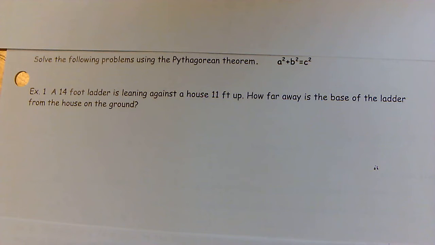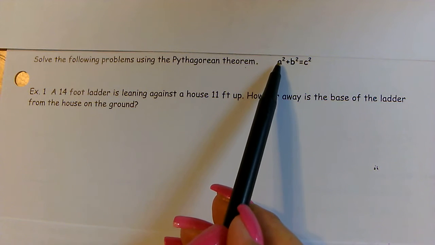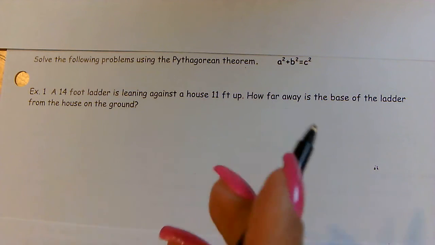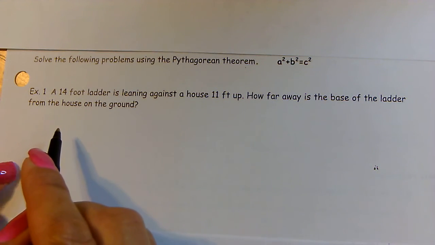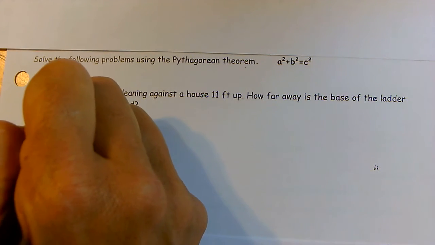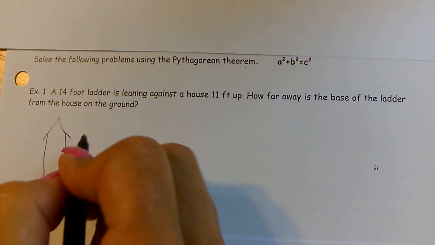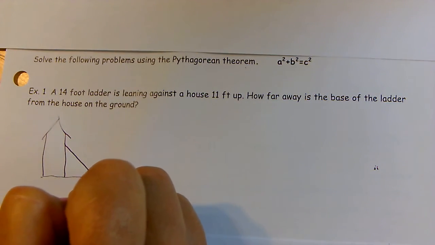Alright, we're going to continue with some word problems. We're going to be using the Pythagorean theorem, which is to solve for a missing length of a side of a right triangle. So if we have a 14-foot ladder leaning against a house, so here's our ladder leaning.